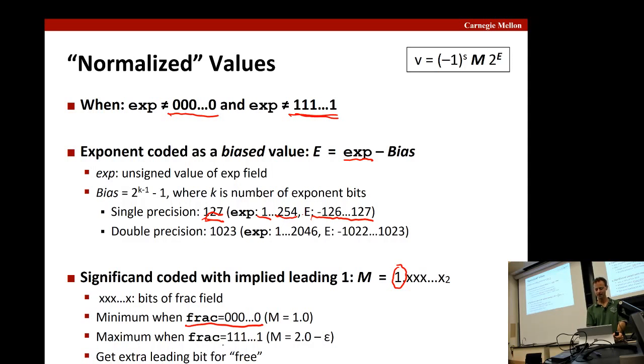It's maximized when this fraction is all ones. If you remember, that was the 0.11111 case, which is almost up to the next number, in this case almost up to 2, but just minus a little epsilon. So that's what I meant when I said that the range of these things, at least in the normalized case, always falls between 1 and slightly less than 2 once interpreted.